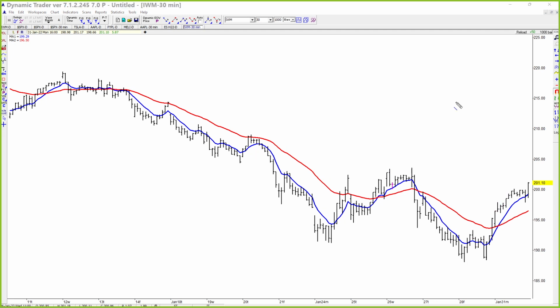If we have the crossover to the upside, with the 8 above the 34, then the bulls are in charge. Or if you have it the other way around, the bears are in charge. And again, it's not going to be 100%. It's going to be helpful, but not 100%.